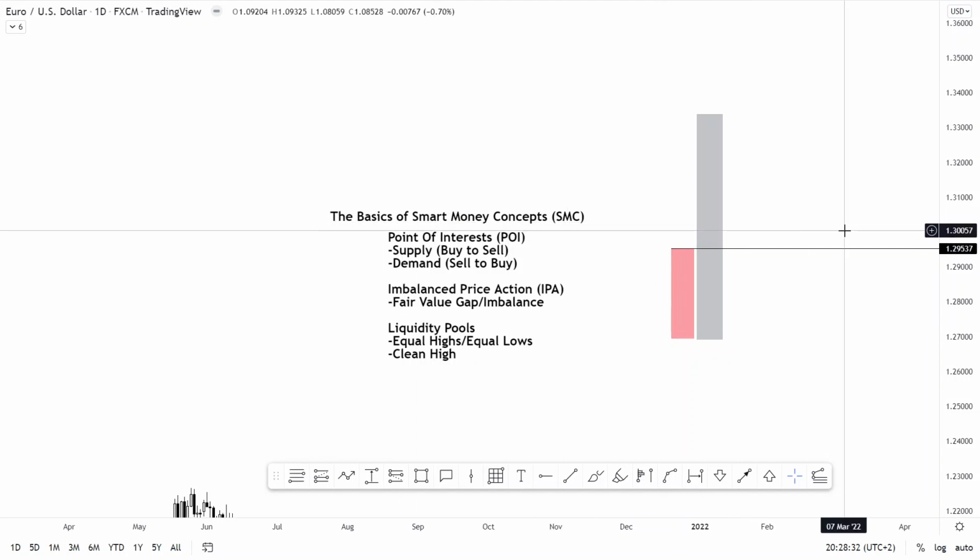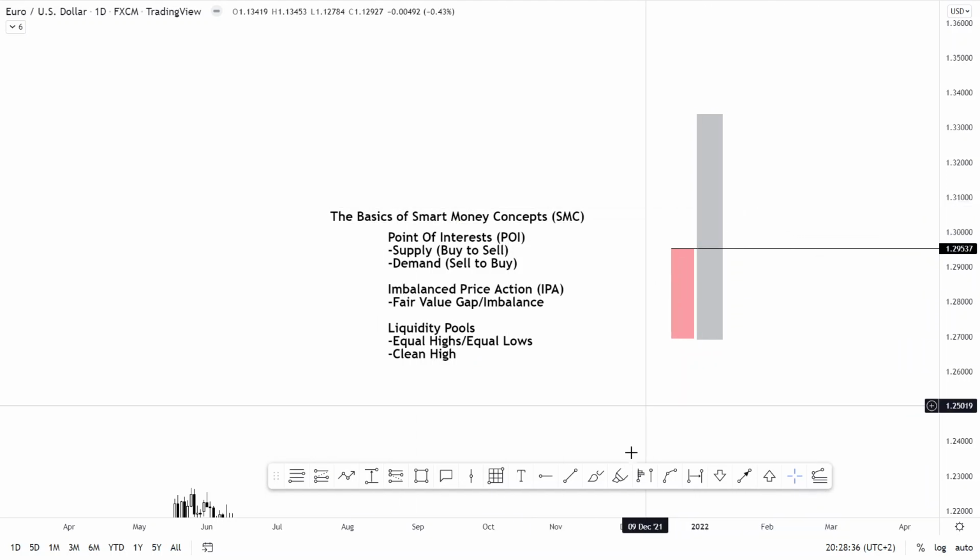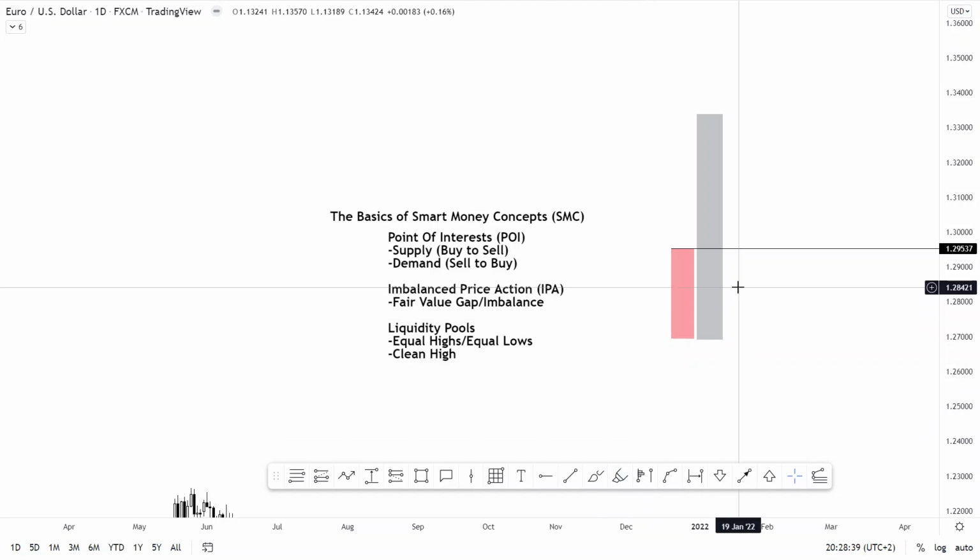Basically the purpose of the POIs is for you to know where you're going to be buying or selling from. Supply zones help you take trades in a sell direction, and demand levels assist you in taking trades in a bullish scenario.